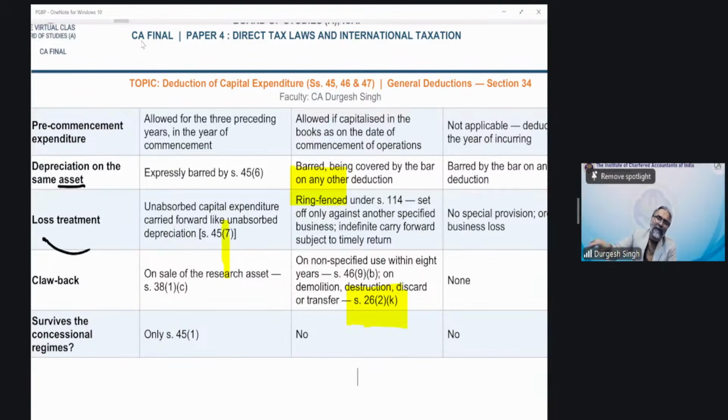This is where I'm going to put some practical questions so that you know how to solve them, which will also help to revise the provisions and apply them in a given scenario.